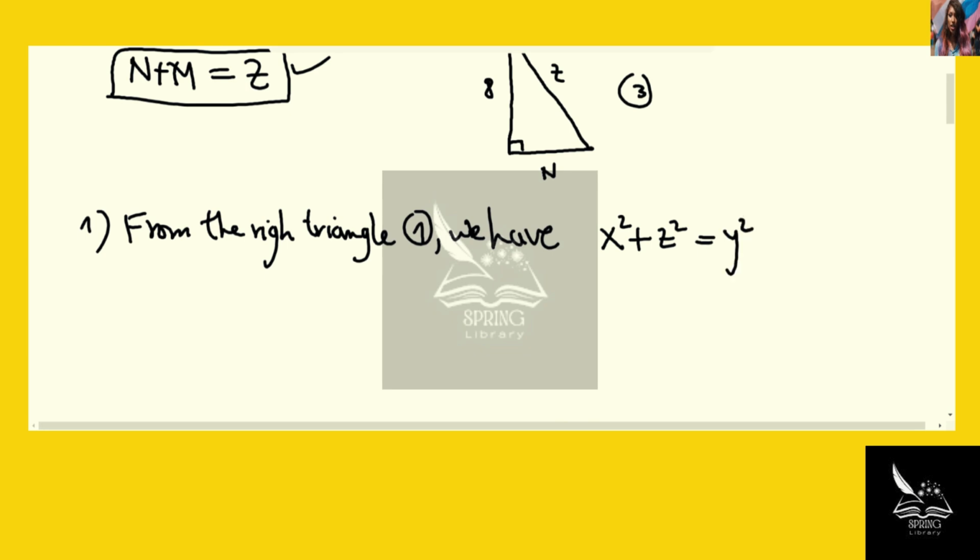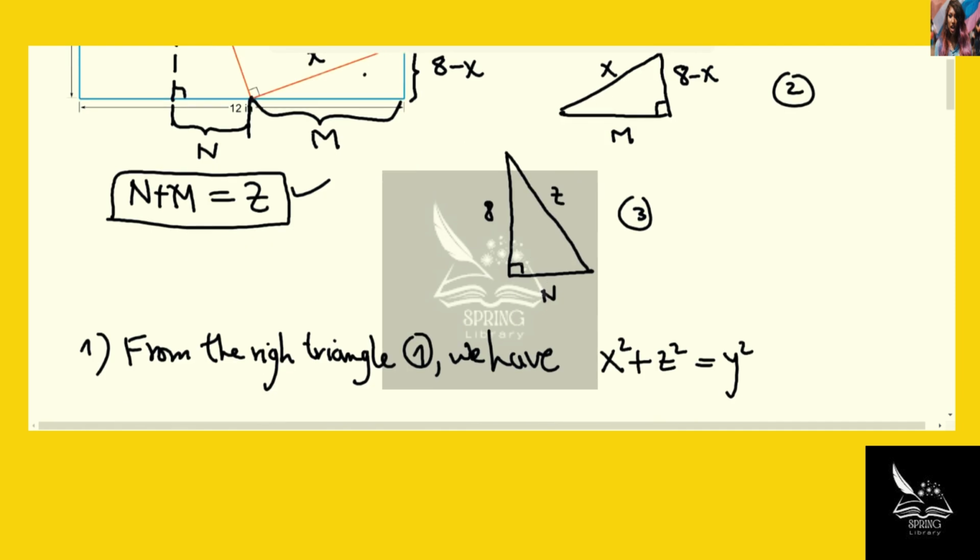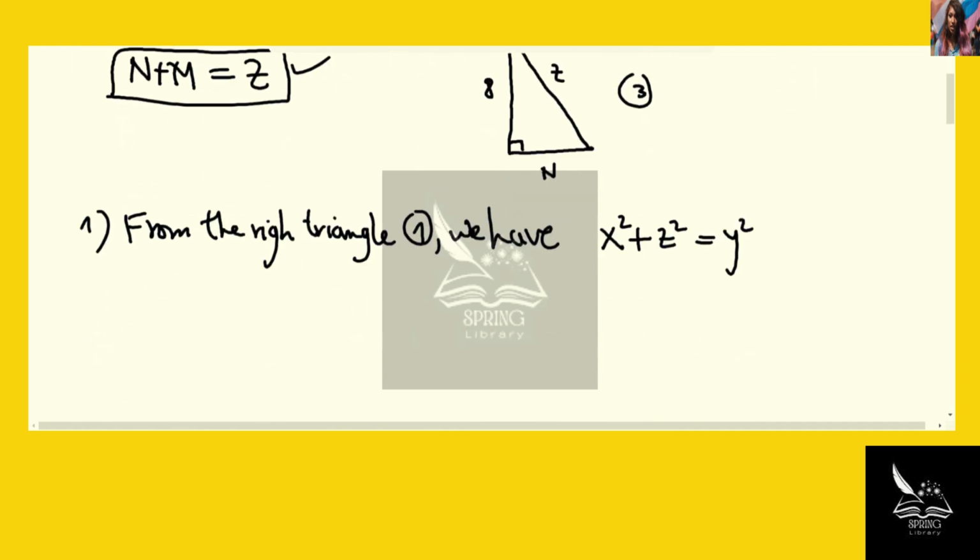Remember, the hypotenuse of this triangle here is y. The equation is like this, the Pythagorean theorem. So we have this one. So I write the first one.